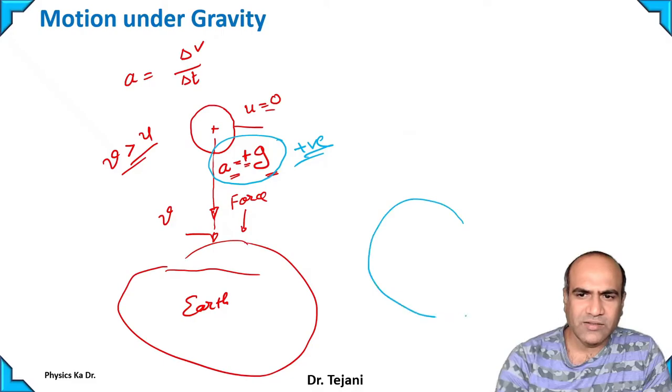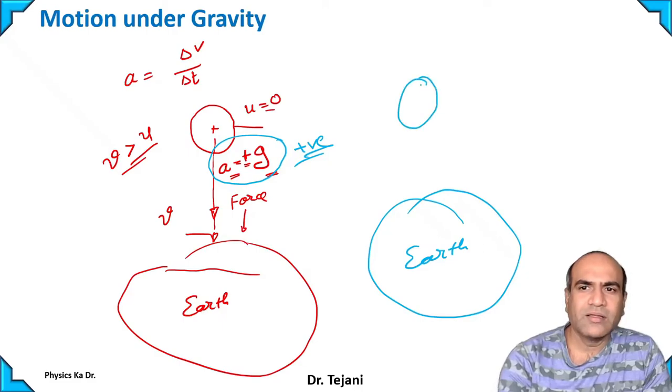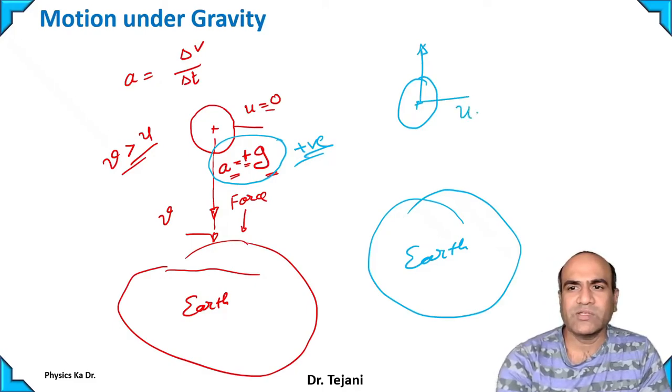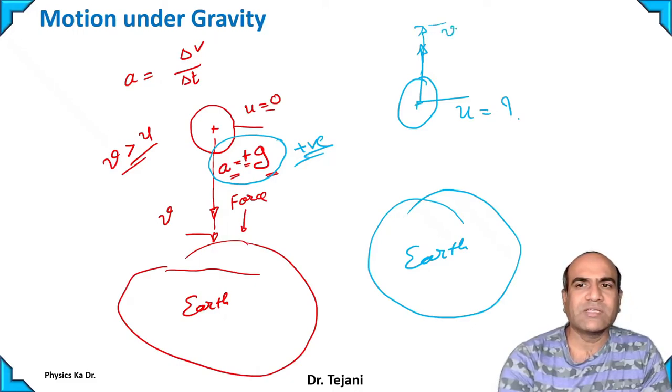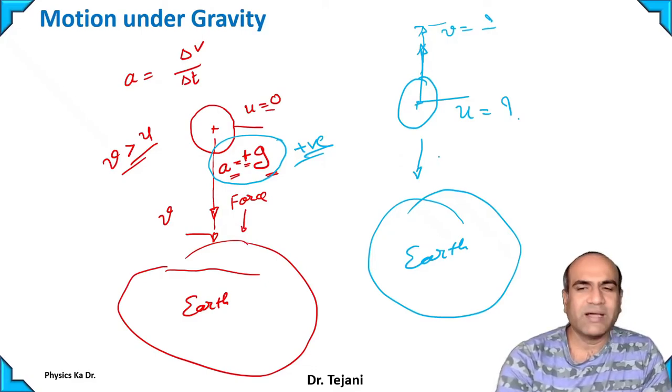Let's have a similar example. This is our Earth, and we have a ball. Now the ball is thrown in the upper direction. So initially it is having some velocity. When it moves in the upper direction, after some time the velocity is, say for example, v. Right? So we know that because of the gravitational force by the Earth, what happens?